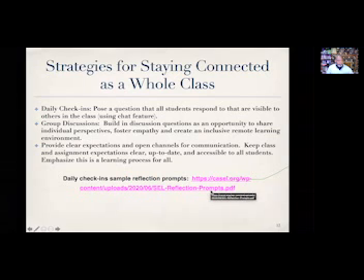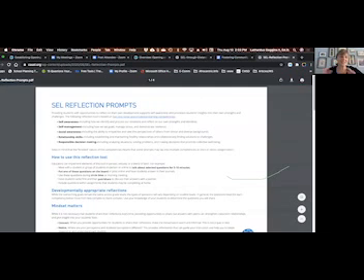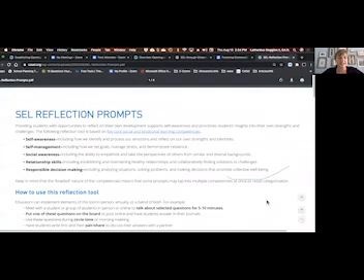Okay, so as you see in that document, it lists some strategies for staying connected as a whole class, and one of them is daily check-ins. And we're going to share with you yet another resource that actually provides you check-in prompts that align to our five competencies. And again, I know we're throwing a ton at you and we're just giving you a few moments to look at it, but you'll have more time to debrief with all of these documents.